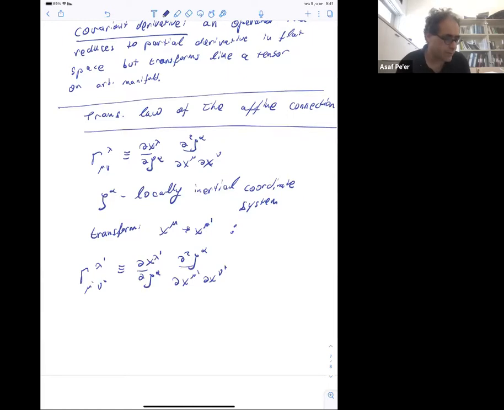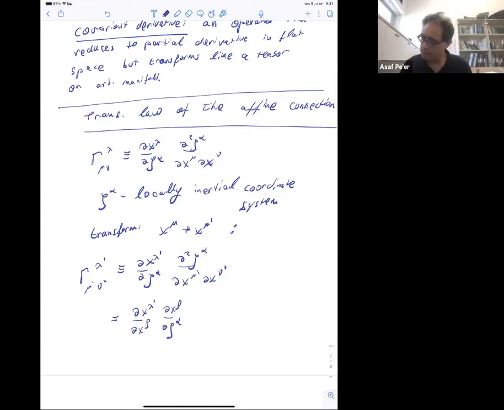That's the definition. So let's work it out, right? Again, I want to write it down in terms of the affine connection in the old coordinate system. So I write it as dx lambda prime over dx rho, and then dx rho over dx alpha.